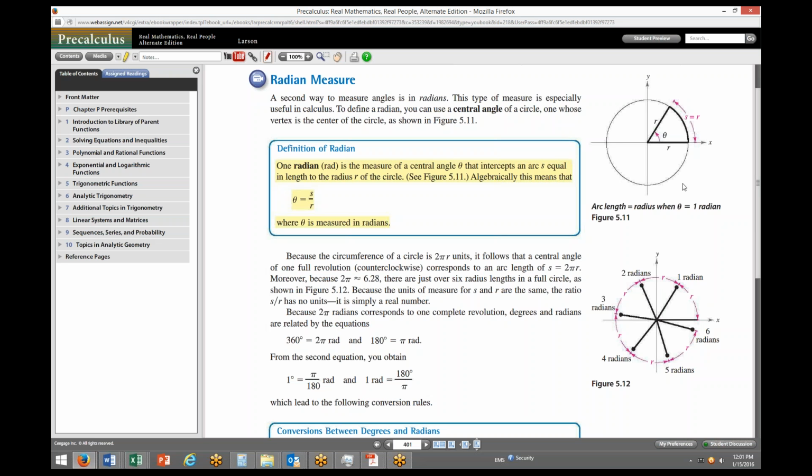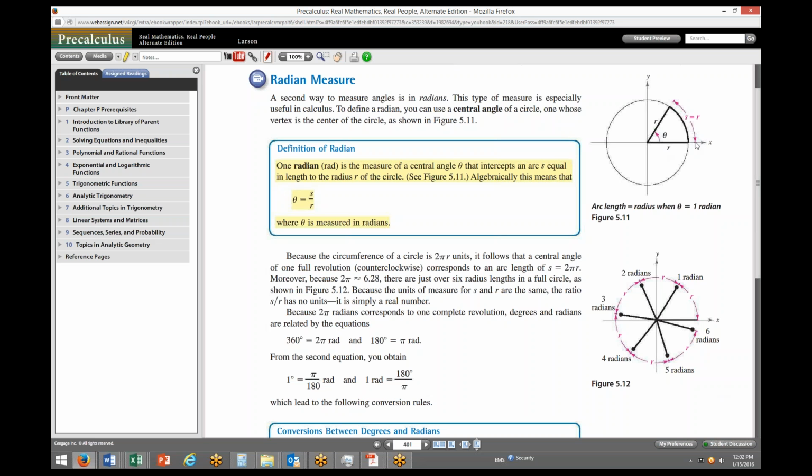So what this means is, if the arc length wrapping around a portion of the circle, starting say here at the positive x-axis and going up to this point right here, if you were to measure the length of that, if the length of that is exactly the same as the length of the radius of the circle, then the angle right here, that angle that intercepts that arc, has a measure of exactly 1 radian.